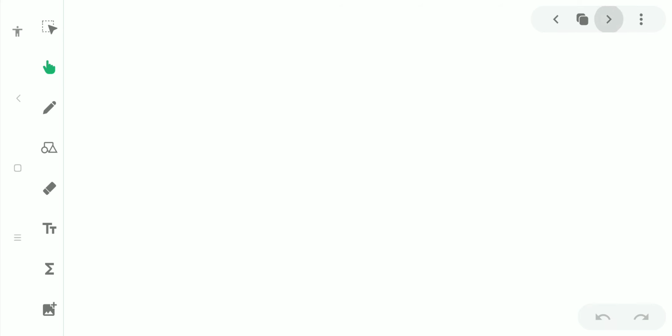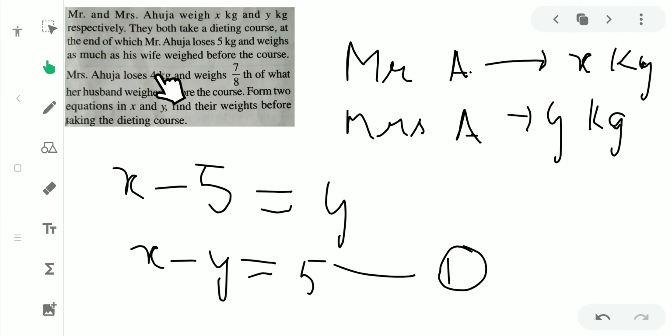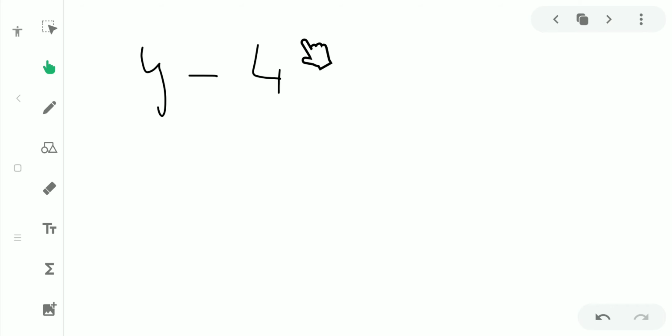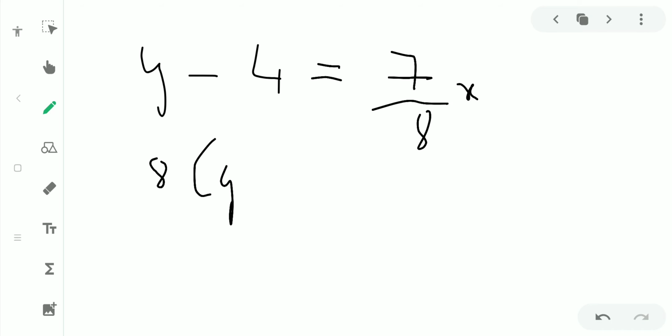In the second case, Mrs. Ahuja is Y, and loses 4 kg, which is minus 4. So if you go according to the question, we will get the equations very simple. Loses 4 kg and weighs 7/8 of her husband's weight before the course. Her husband's weight before the course is X. So Y minus 4 is equal to 7/8 of X. Doing cross multiplication, 8 into (Y minus 4) is equal to 7x.